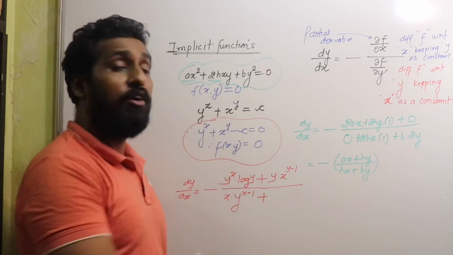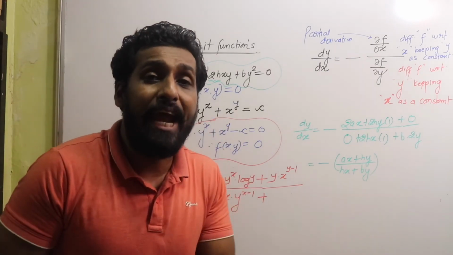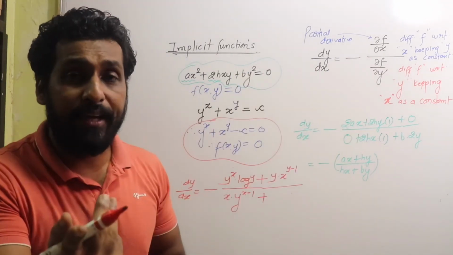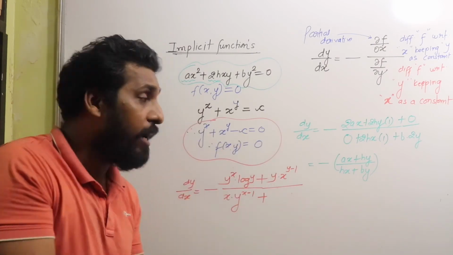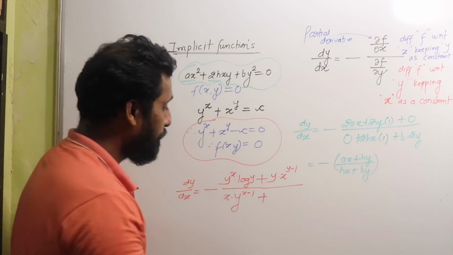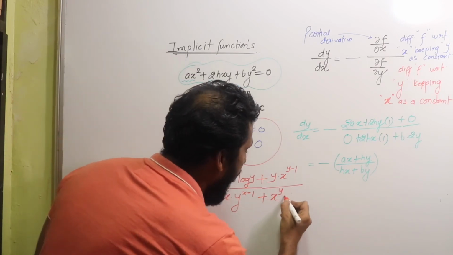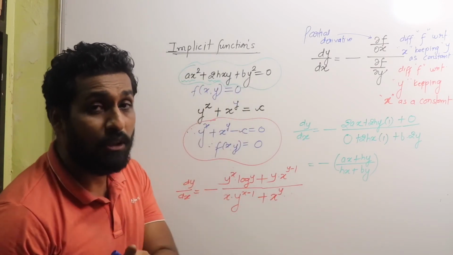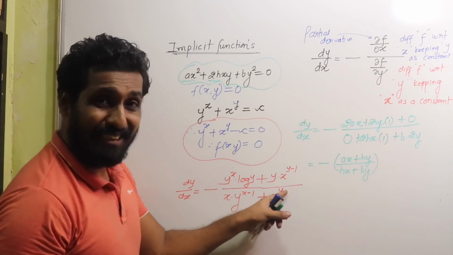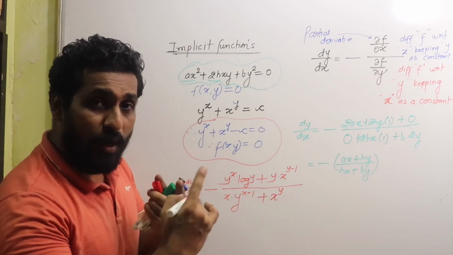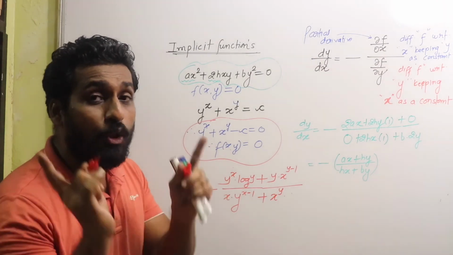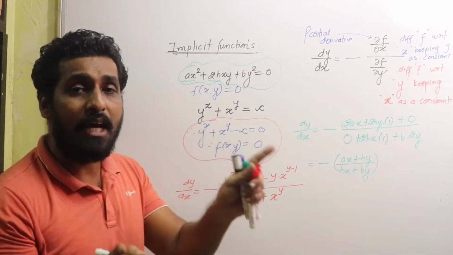So x is constant for me. So you read x as a. So a raised to y is variable like a raised to x. Derivative of a raised to x is a raised to x log a. So derivative of x raised to y, remember, x is a constant. So it is of the form a raised to x. Understand the terminology. Don't get confused between x, y, this, that.